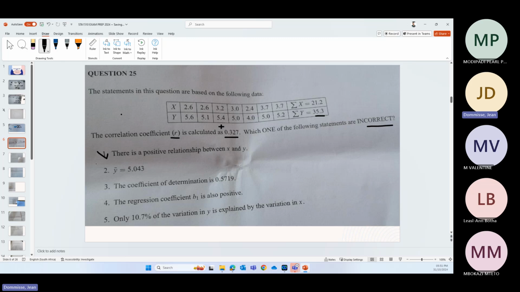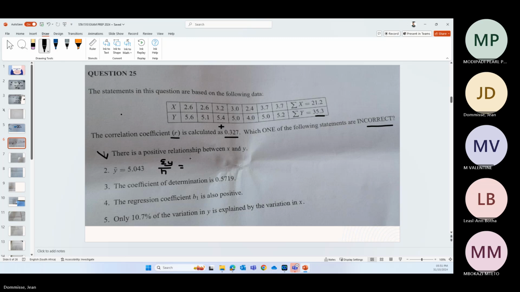So we know the average is the sum of Y divided by the number. So we've got 35.3, and there is 1, 2, 3, 4, 5, 6, 7 numbers.